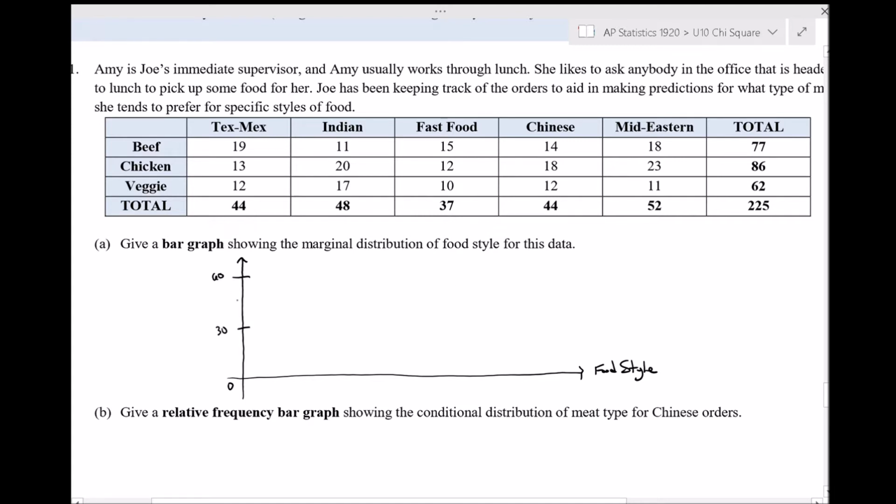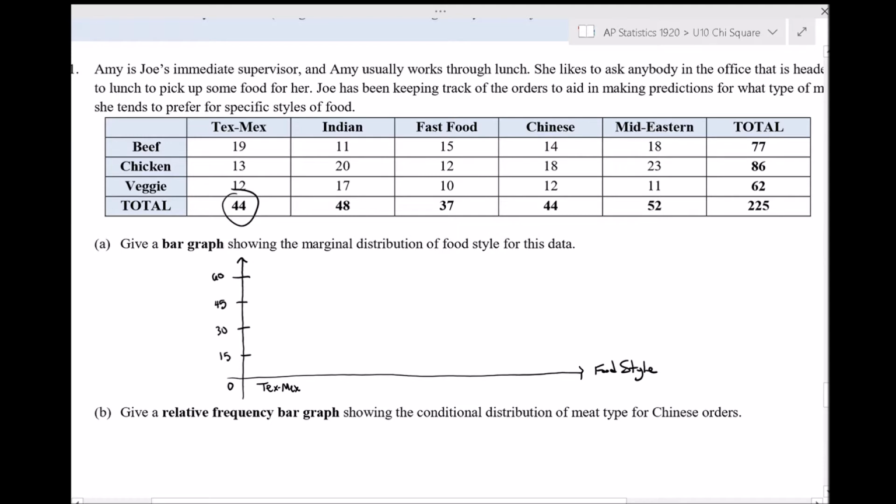And this isn't going to look very precise or very accurate. This is, what would that be, 45 right in between these two, and then 15 right in between these two. So this is going to be very roughly sketched. Our first food style, Tex-Mex. And the first marginal value is 44.